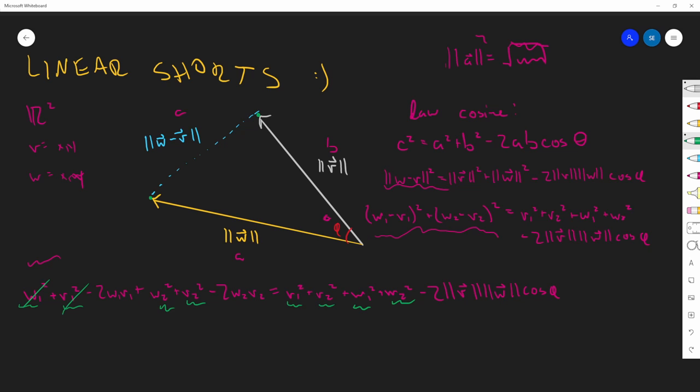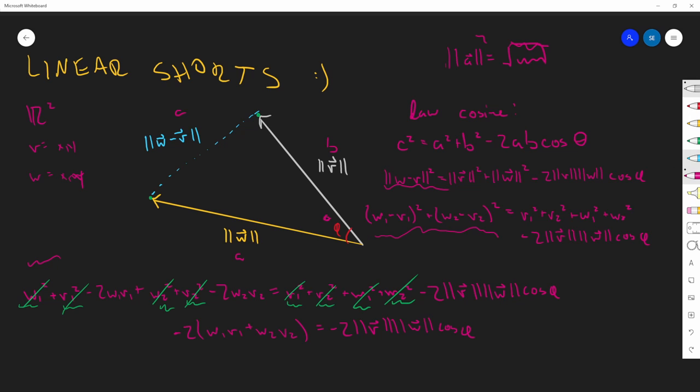We can cancel these out, and we are left with negative 2, and factor out the negative 2, negative 2 times w1v1 plus w2v2, because I factored out the negative, is equal to negative 2 magnitude of v magnitude of w cosine phi.